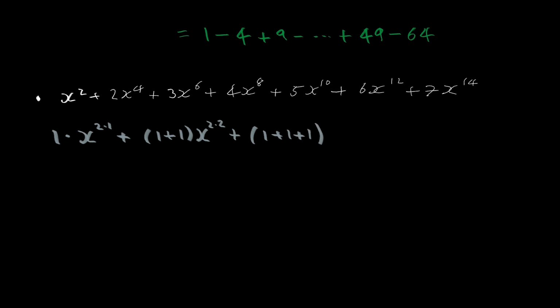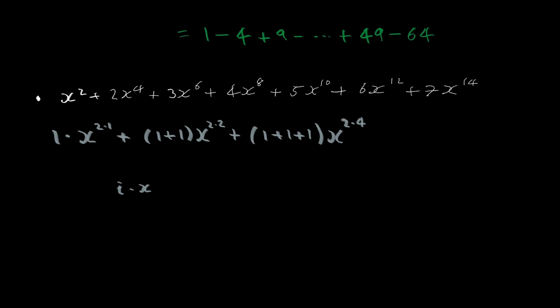So that's obviously going to be i. In our expression, when we write it in sigma notation, we will have a coefficient of i, or whatever dummy variable we choose, in front of the x terms, and then times x raised to the power of 2 times something that's increasing by 1 every time. So raised to the power of 8 is 2 times 4. So this means that we're going to have something like this as our expression.